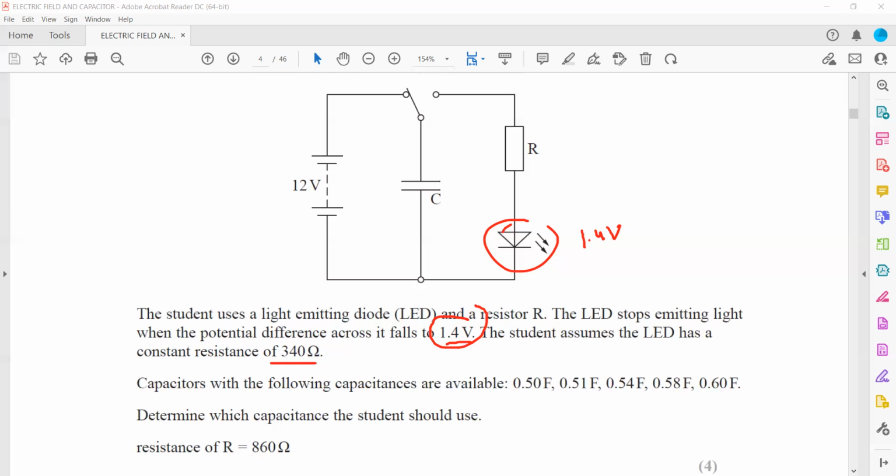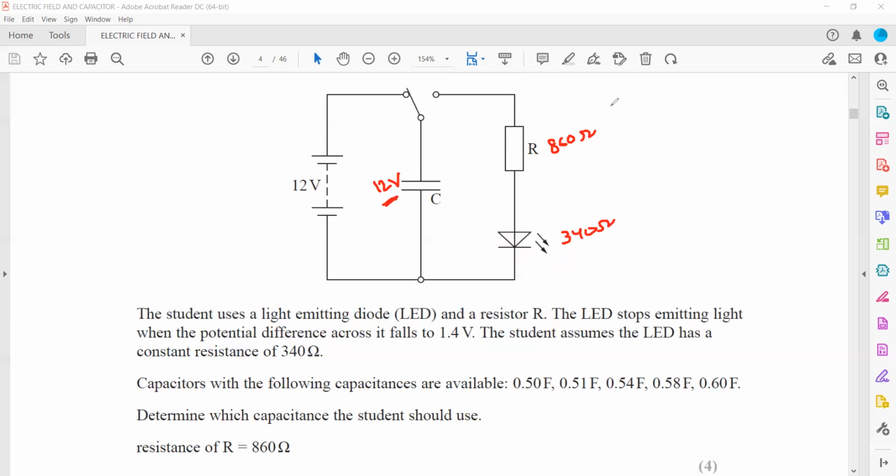The resistance is 860 ohms and this is 340 ohms. They have constant fixed resistances. So if initially it was 12 volts, what will be the starting voltage?